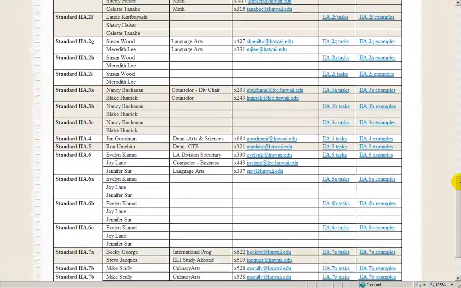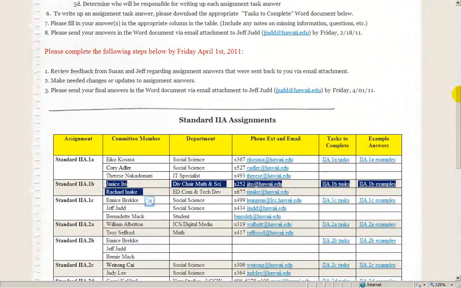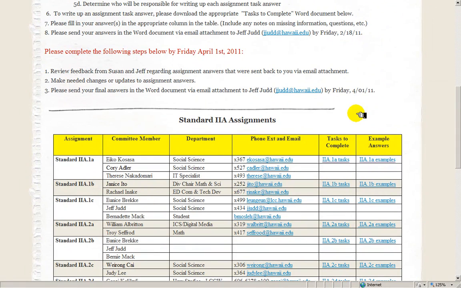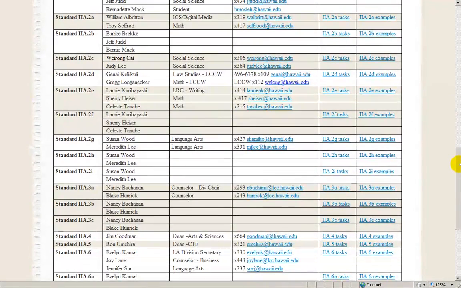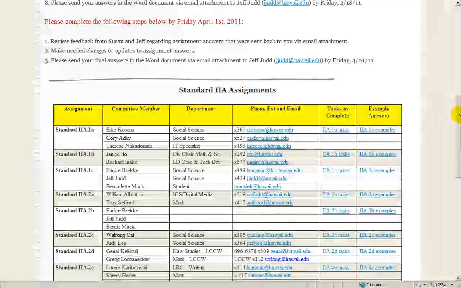And you'll notice that some folks have more standards. What we tried to do was look at how in-depth those standards are and how complicated the answers were, and tried to give more complicated ones to more people, and the less complicated ones to less people or more often. So please don't feel that we try to gang up on one particular group. We definitely tried our best to make sure it was spread out evenly.